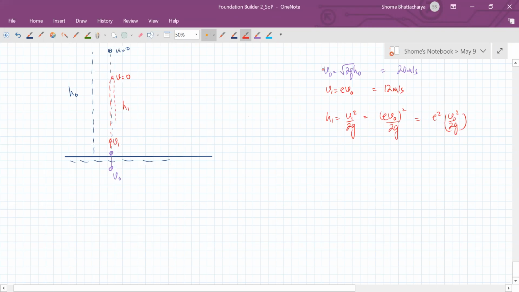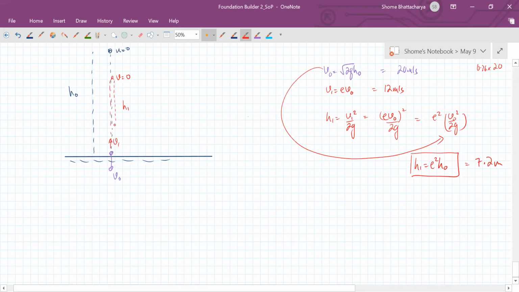And if you connect this relation here, you can see that h1 will become e square times h naught. So in this case, that will become 0.36 times 20. So it becomes 7.2 meters.